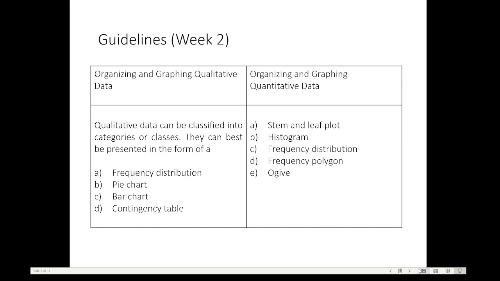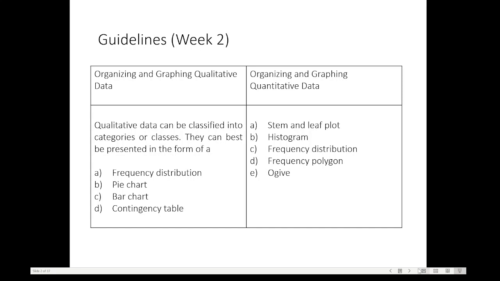Okay, so in this situation, you have categorical data, whereby for a categorical variable, you know that the level of measurement can either be nominal or ordinal. Okay, so these are the 4 types of data presentation that you can have for qualitative data. Bear in mind, this is only based on our syllabus. It's not limited to these 4 only.